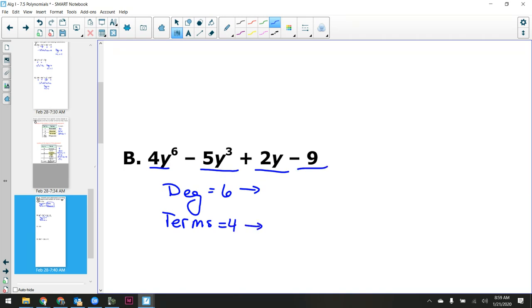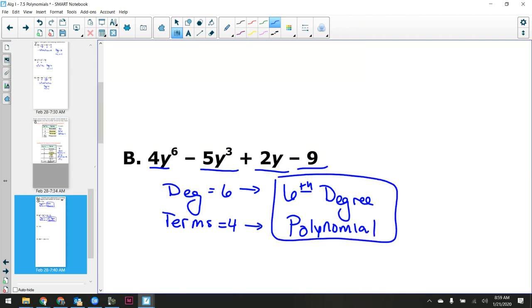Okay, so if I've got a degree of 6, does 6 have a name? No, we just say 6th degree. Does 4 terms have a name? Just polynomial. We call that a 6th degree polynomial.